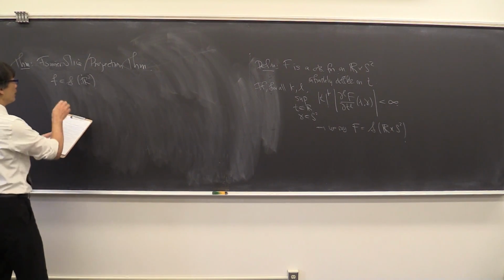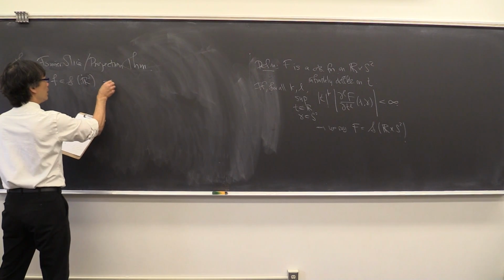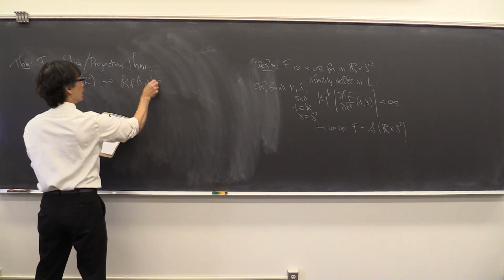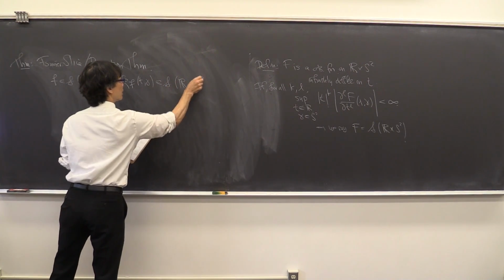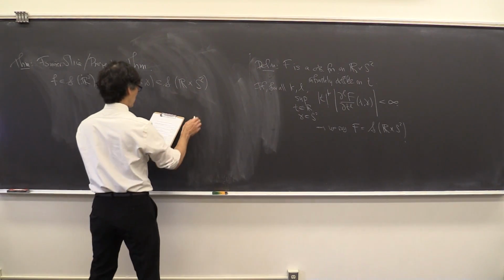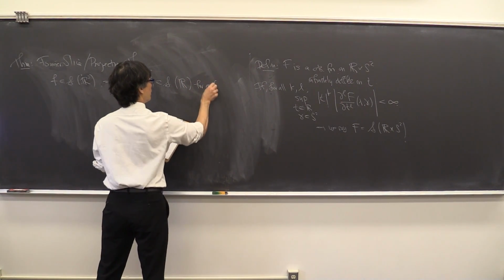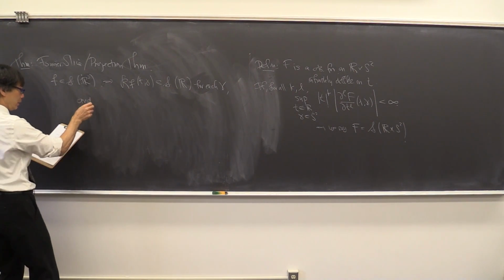Okay. So if you have a function in the Schwartz class, then the Radon transform of it is in the Schwartz class for each gamma. And this is the important part.